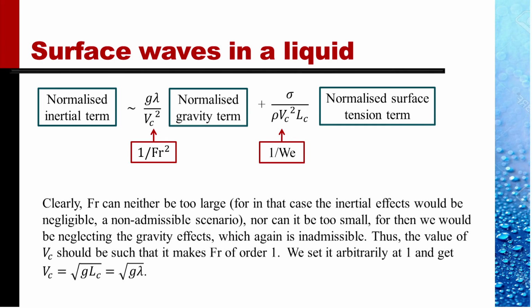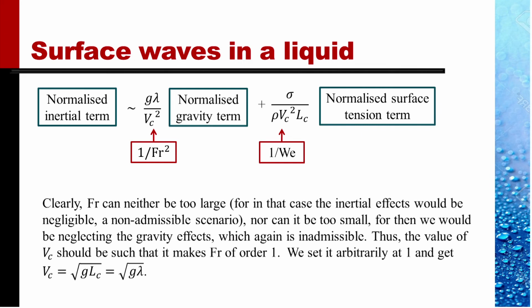Clearly, Froude number can neither be too large, for in that case the inertial force would be negligible, a non-admissible scenario, nor can it be too small, for then we would be neglecting the gravity effects altogether, and we know gravity effects cannot be neglected.